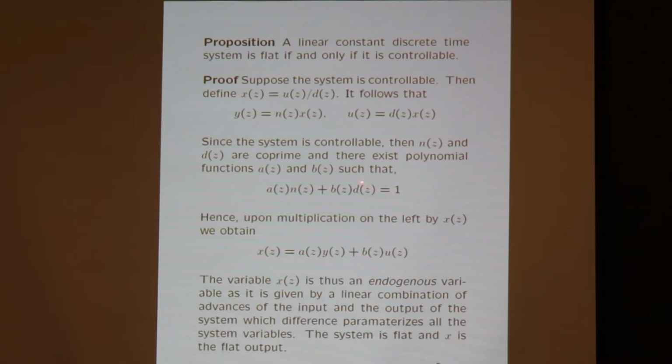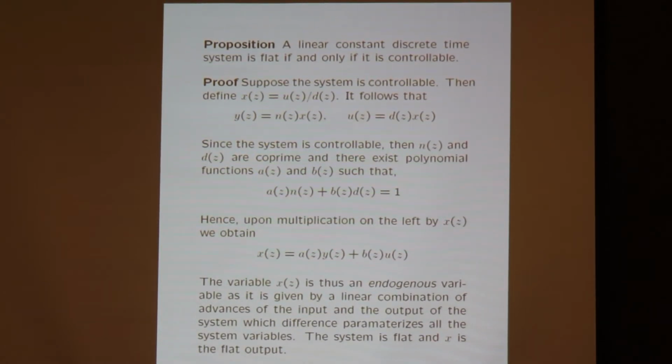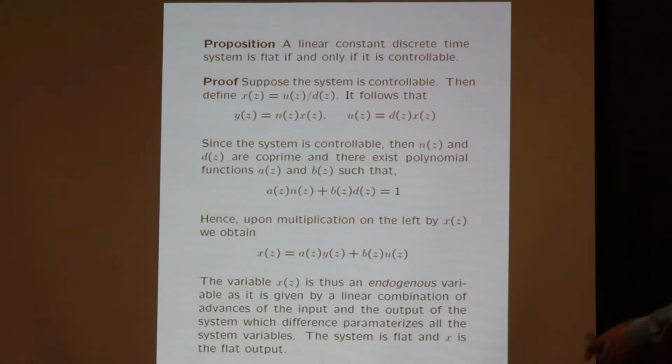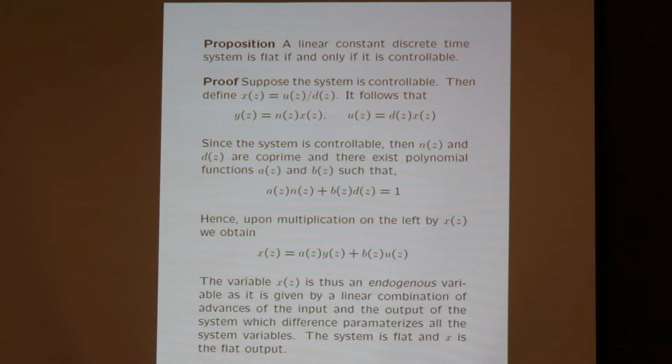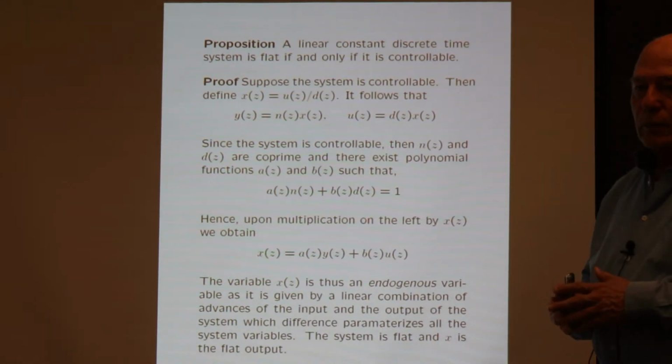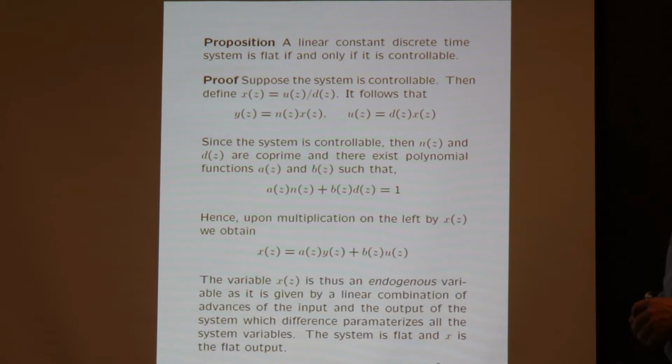If we multiply the Bezout identity, which is equivalent to the coprimeness of n and d, by c and use these relations, we get that the flat output is an endogenous function of the input and the output of the system in terms of forward shifts in a finite number for y and for u. In that sense, the flat output is an endogenous variable that only requires inputs and outputs, and a finite number of advances of those inputs and outputs.